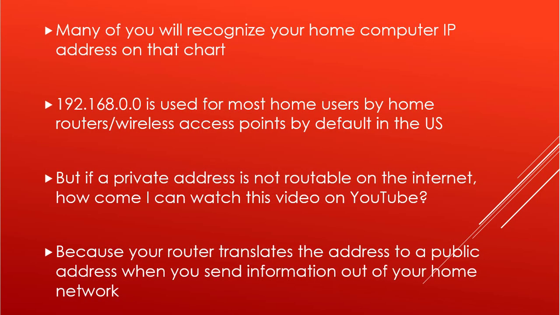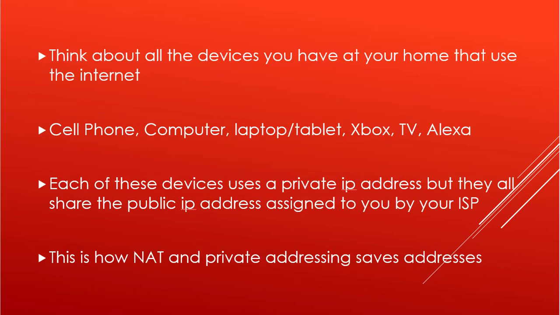All right, so now you understand that. And the reason for that is, if you think about it, think about all the devices you have at your home that use the internet. Your cell phone, your computers, laptops, tablets, Xbox, PlayStations, a lot of TVs, Alexa, all that stuff needs an IP address.